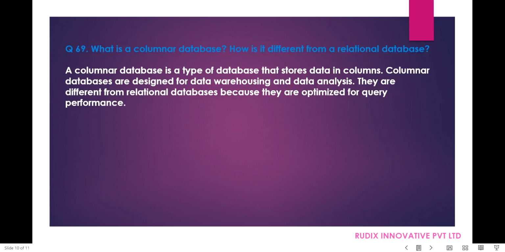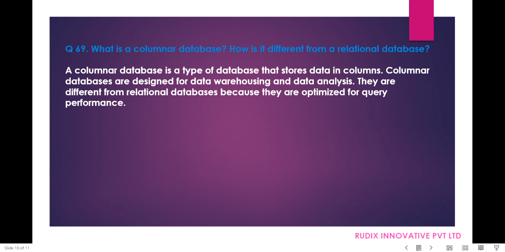Next question. What is a columnar database? How is it different from a relational database? A columnar database is a database management system that stores data in columns instead of rows.